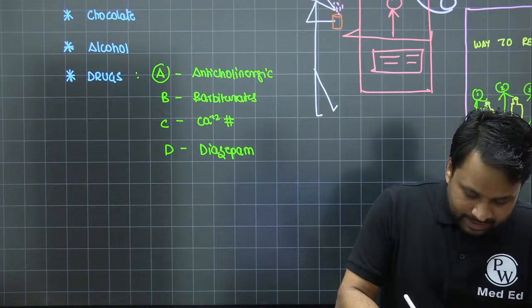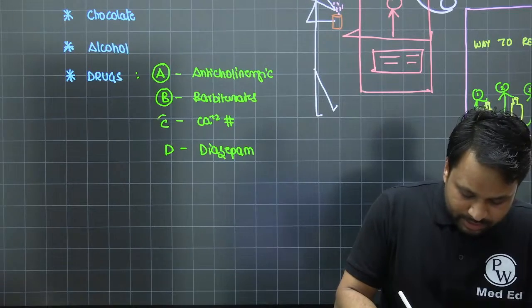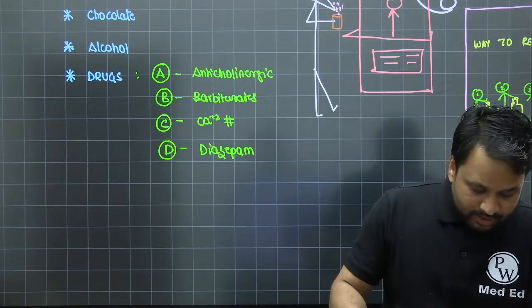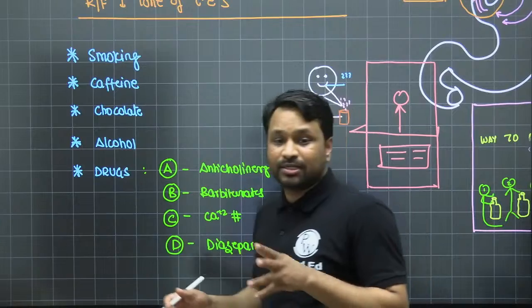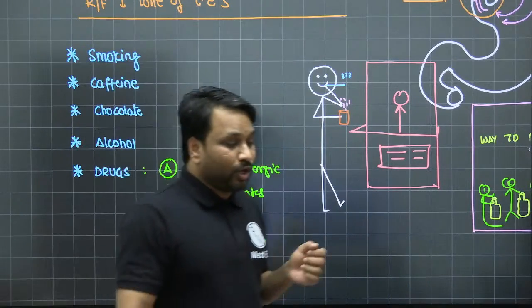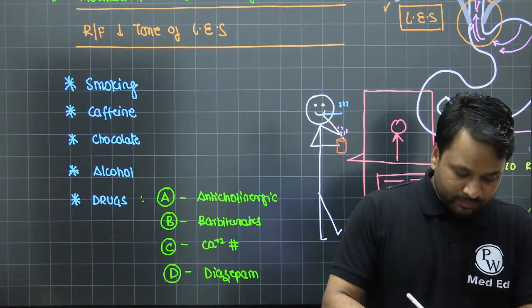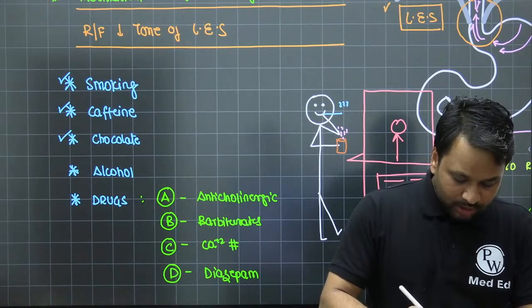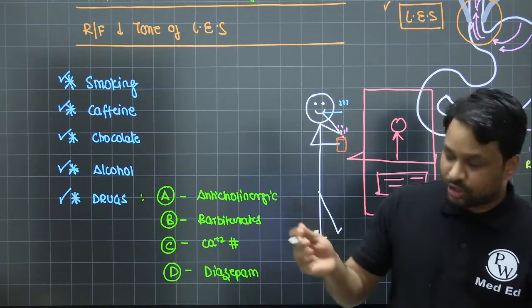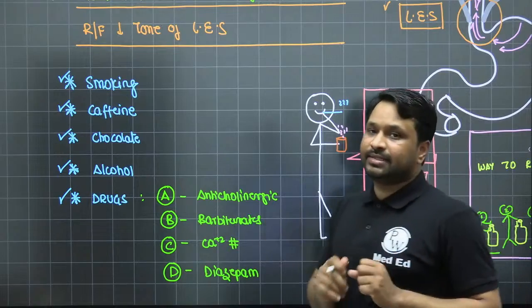So A is anticholinergic, B is your barbiturate, C is your calcium channel blocker, D is your diazepam. These are the drugs that decrease the tone of LES. So the tone of the lower esophageal sphincter is lost because of smoking, caffeine, chocolates, alcohol, and the drugs that we have just mentioned.